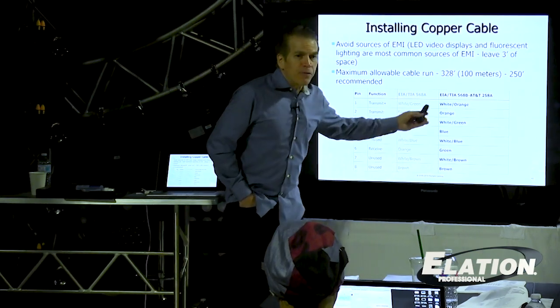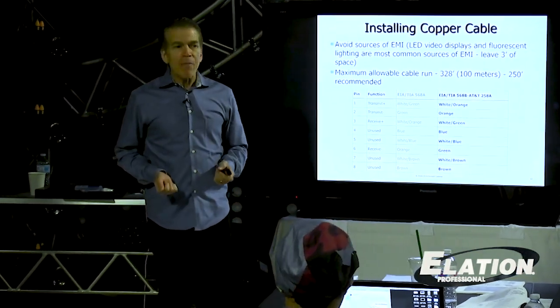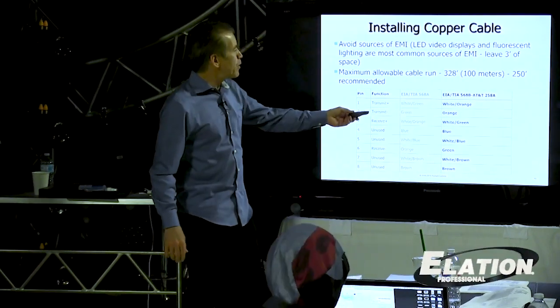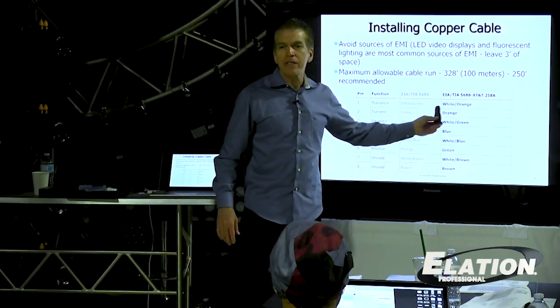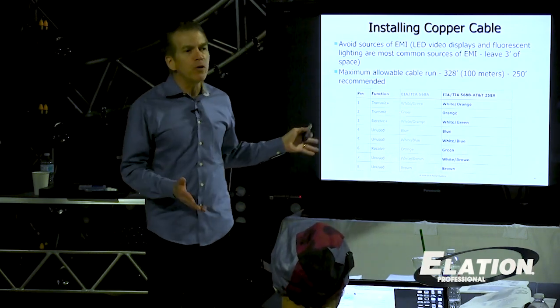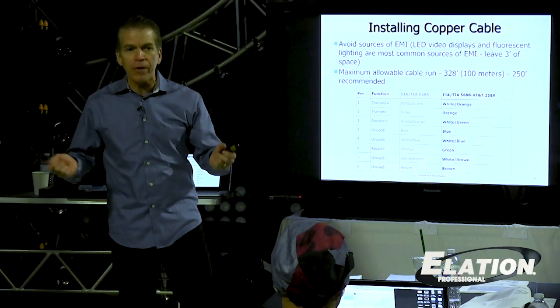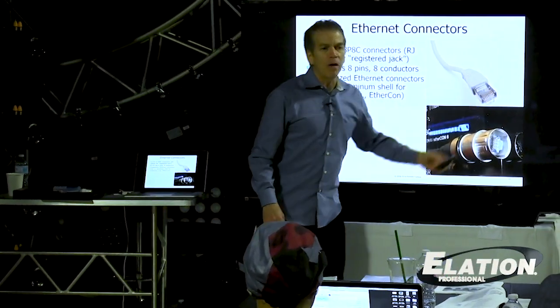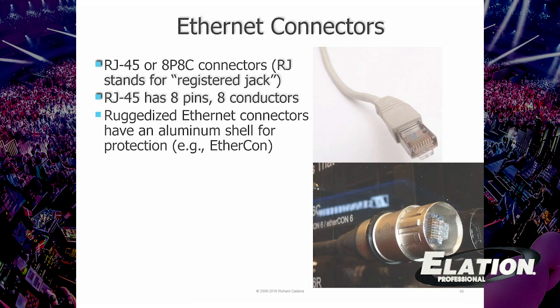If you're building your own Ethernet cable, there's two different ways to terminate it. One of these ways is used by AT&T. The other is more common. And it honestly doesn't matter which one you use as long as it's the same on both ends. Now, this is what you and I would call an RJ45 connector. Technically, it's an 8-pin, 8-conductor connector, 8P8C.